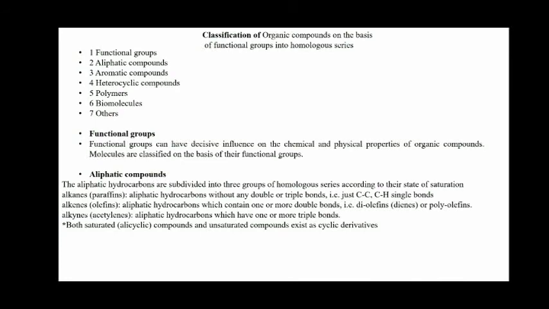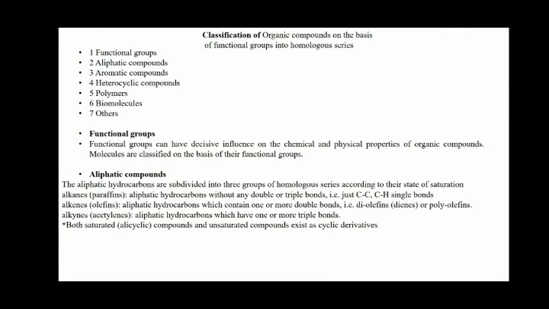It has been classified by functional groups, then followed by aromatic compounds, then aliphatic compounds, heterocyclic compounds, then polymers, biomolecules, then miscellaneous others. These are the classifications of organic compounds on the basis of functional groups, otherwise homologous series. We'll see how they have been classified and what the importance is.